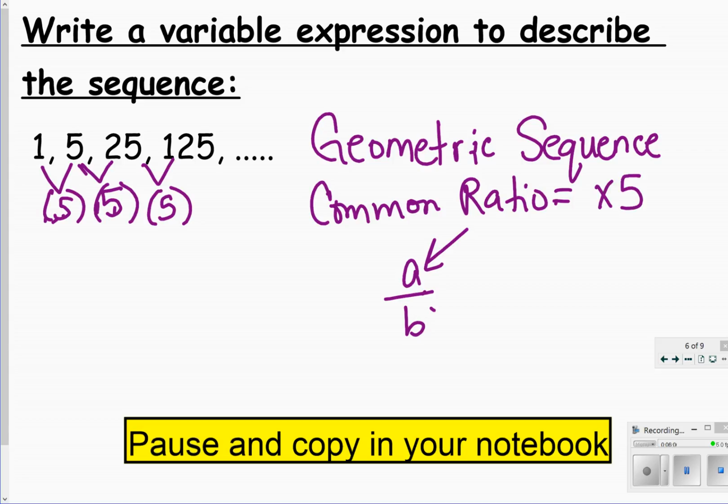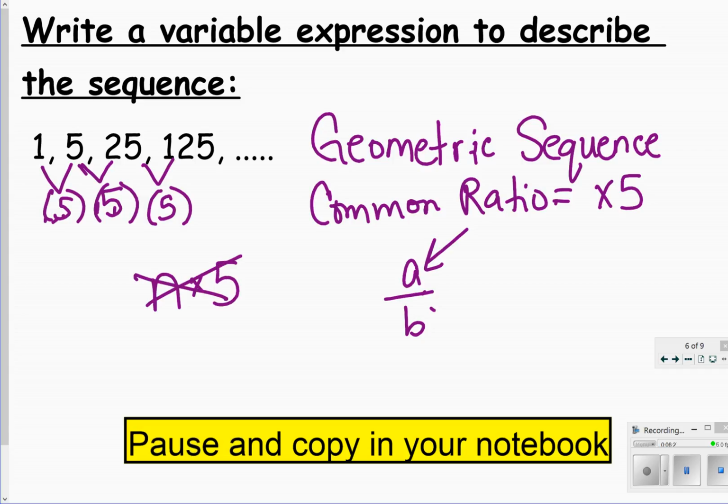All right, well, let's now write our variable expression to show how it's changing. So in terms of n, if n is our first term, what are we doing to each term to get our next term? Well, we found that we are multiplying by 5. A lot of people like to write it like this, but that's actually the incorrect way to write that.